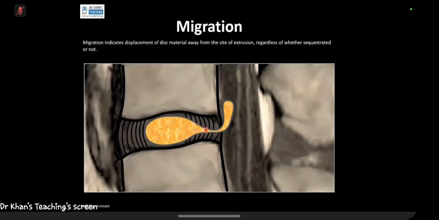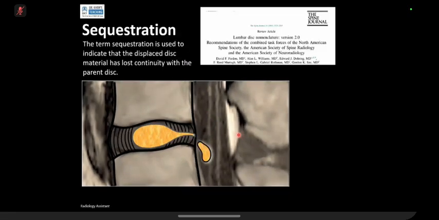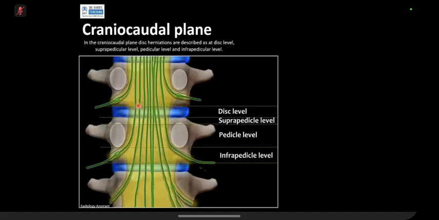Now, a disc extrusion can be with superior migration. So this is superior migration, and then is this one with sequestration. The term sequestration is used to indicate that the displaced disc material has lost continuity with the parent disc. And sequestrated discs are exam cases, and always remember that.